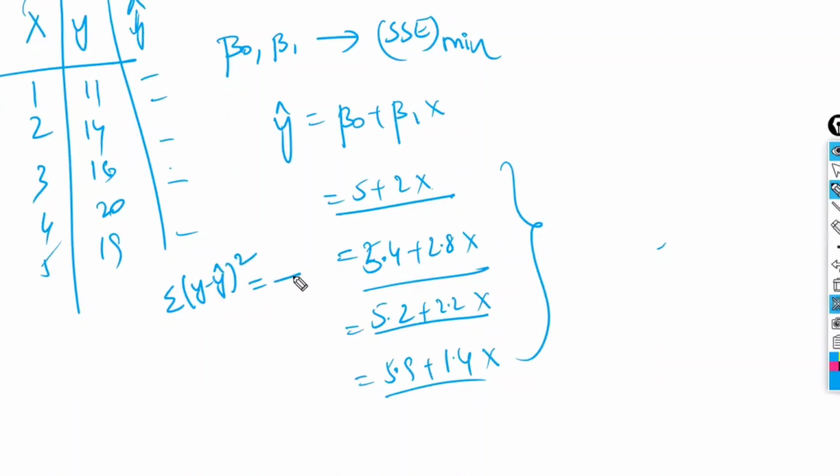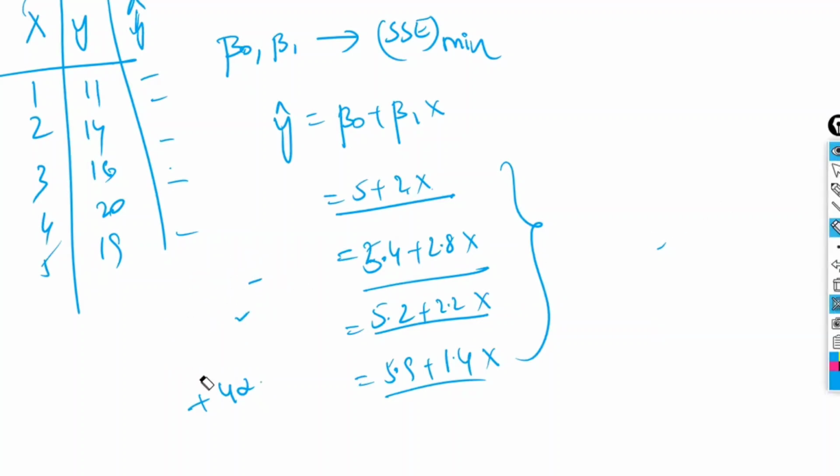Keep this aside, and along with that, add alpha into beta 1 square. Beta 1 square means, for 2x, 2 square, which is 4. So it is SSE plus 4 alpha, and this should be minimum. Got the point? Is that clear?